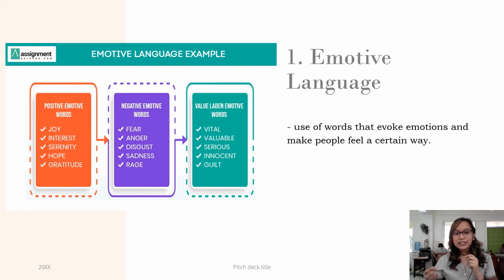Pag sinabihan ka ng ikaw daw ay ang kanyang peace, serenity means peace, ikaw daw ang kanyang pahinga sa magulong mundo. Di ba, you were being captivated and you feel certain emotions in a certain way. So, you use it when you are writing. Use as much emotive language as you can when you write persuasive text.